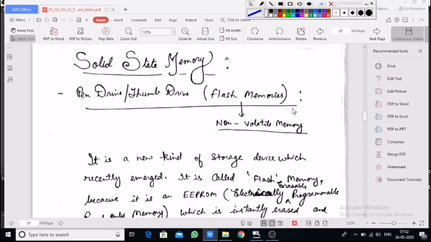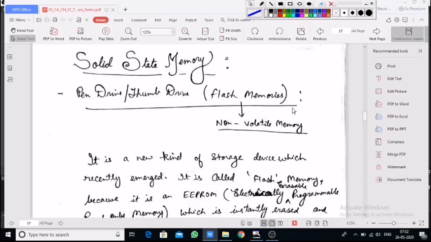Then we have covered magnetic media and optical media. Now the third type of storage media is solid state memory. This solid state memory is neither magnetic media nor optical media, but there is a microchip inside it, and as the name says, it remains in a solid state.